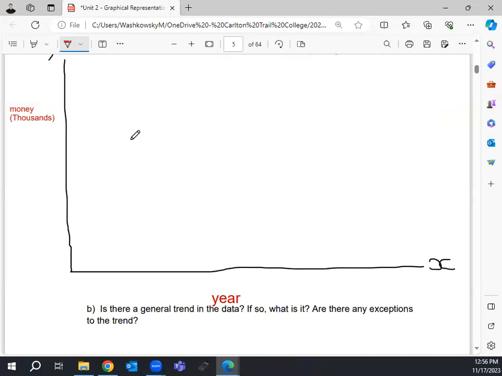So maybe every centimeter go up 1 year, for example. Or you can go every 1.5, that's fine too, but try and use a nice easy number. Usually ones, 1.5s, 2s, those are easier numbers than like a 1.7, right? We like 5s and 10s, it's easier.